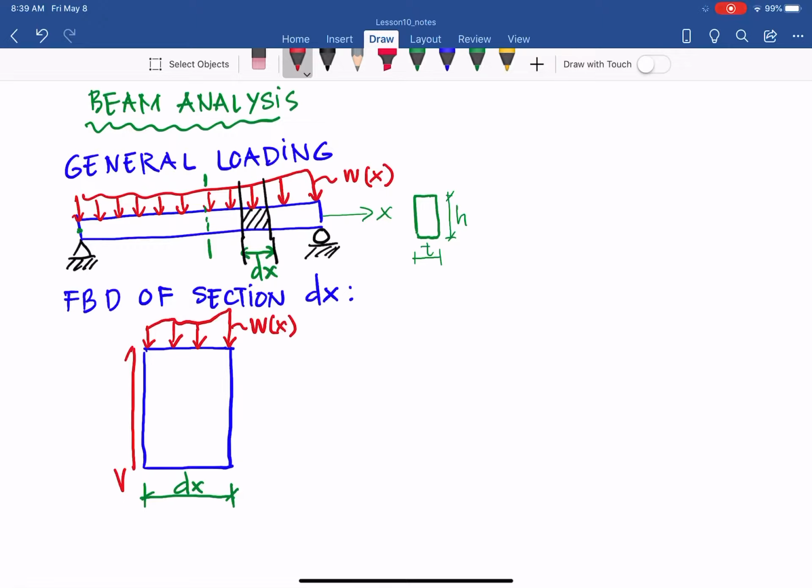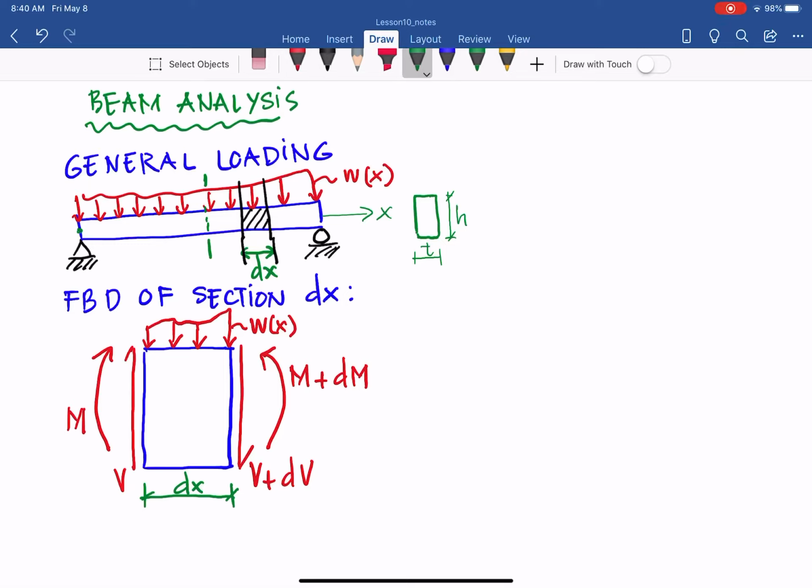We assume a positive shear force, and also a positive moment. What is positive shear and moment? Go back to the shear and moment diagrams lesson, where we learned the sign convention. On the other side, the shear force is V plus dV. Nothing new if you already learned the shear and moment diagrams, where we do the same, and M plus dM for the bending moment on the right side.